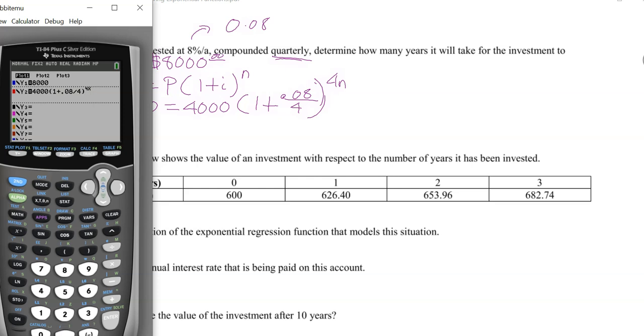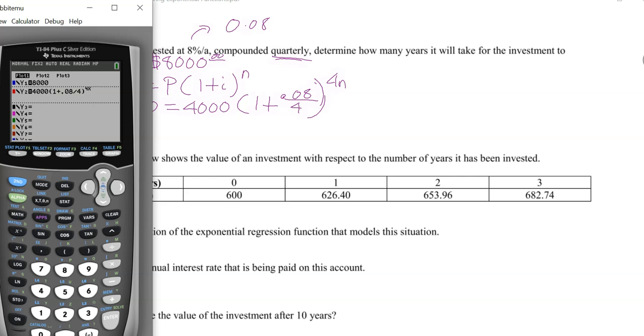We'll go directly to the number of years. If you just put an x there instead of a 4x, you'll get the number of quarters, right? It'll be the number of compounding periods. And if you got the number of quarters, you would have to divide that by 4, right? If you got 48 quarters, then you would say that would be 12 years, right? 48 divided by 4 is 12. But here we will solve directly for years.